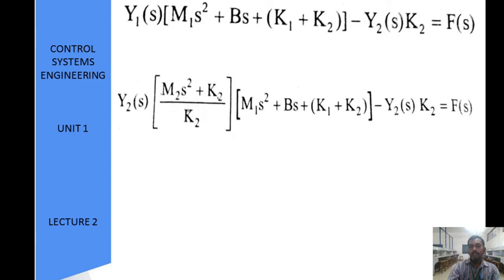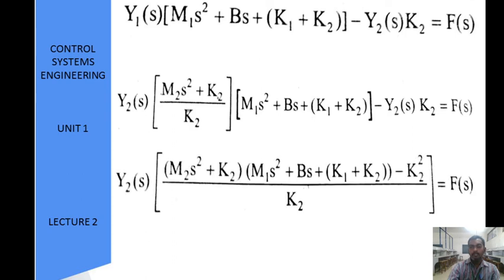By taking Y2(s) as common, it becomes (m2 s square plus k2) by k2 multiplied with (m1 s square plus b s plus k1 plus k2) minus Y2(s) k2 equals F(s). Therefore Y2(s) equals, after multiplying these values, (m2 s square plus k2) into (m1 s square plus b s plus k1 plus k2) minus k2 square by k2, which equals F(s).